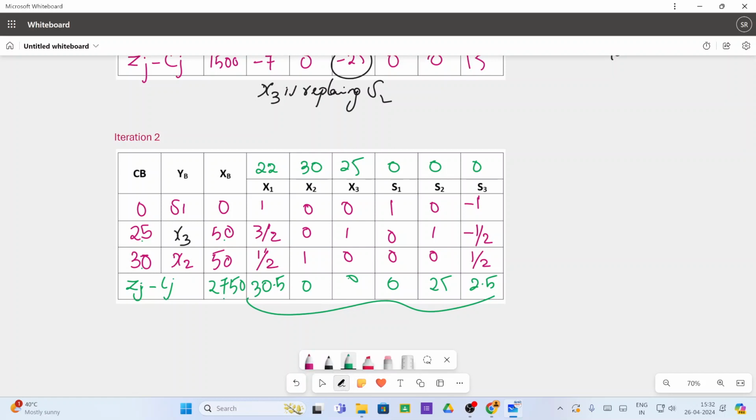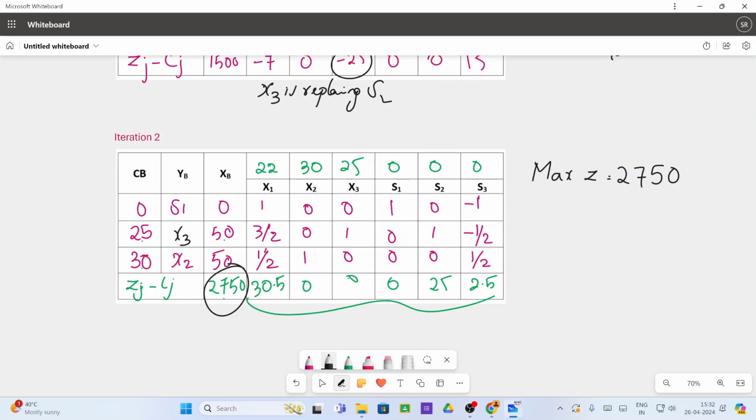So here the optimum answer is maximum z. Max z is equal to this particular value, 2750. And what are the x1, x2 and x3 values?